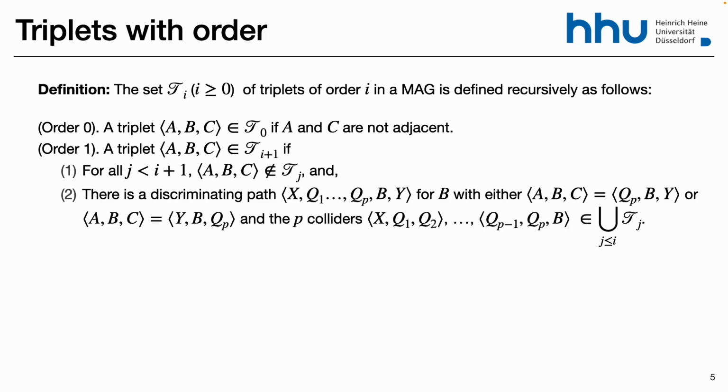And the last, so this is just defining the last triplet. The last triplet, where QP is the last one here, basically you can just flip, right? So it's either QP, B, Y or Y, B, QP, so it's just saying the order doesn't change.